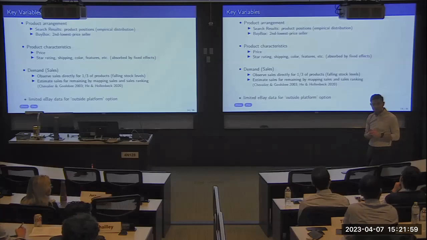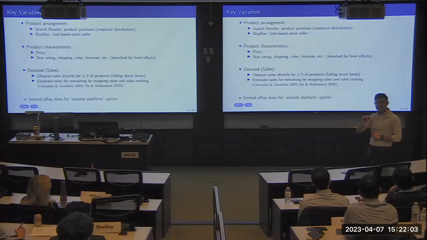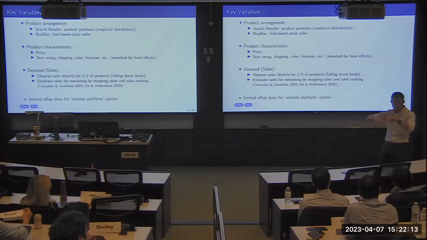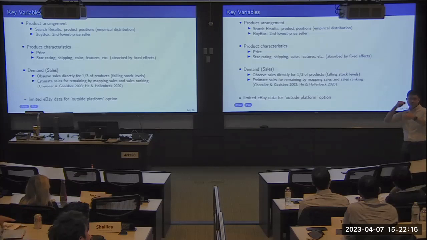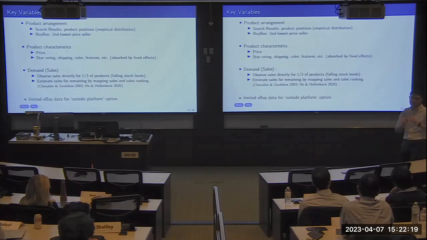It doesn't control for restock, right? So I observe restocking. There needs to be an assumption there that restocking occurs less frequently than sales, which I observe. And then the remaining observations of falling inventory levels give us those sales.